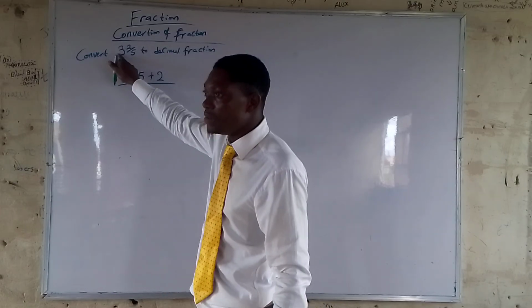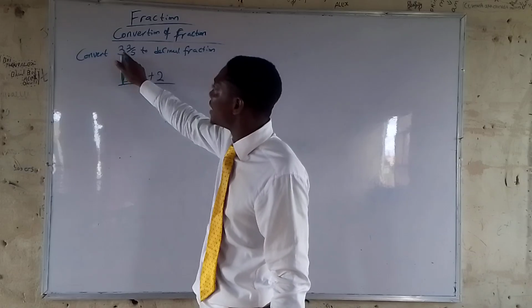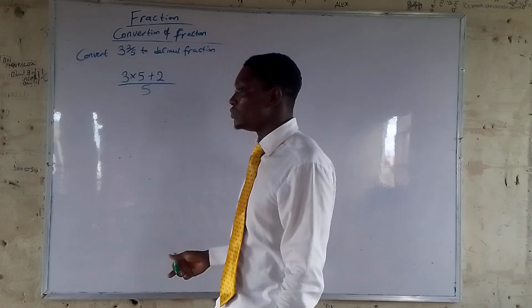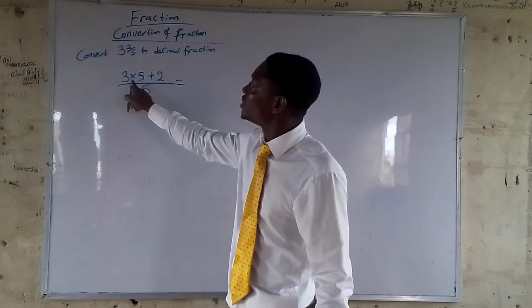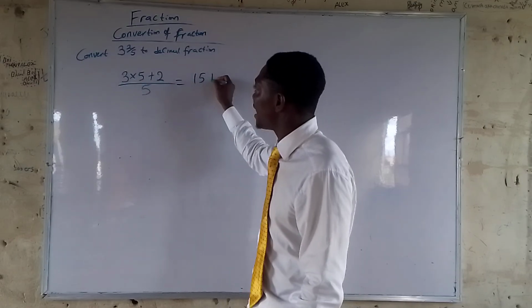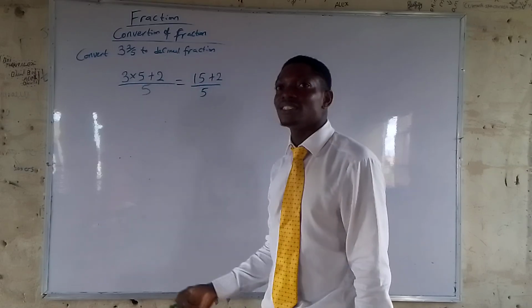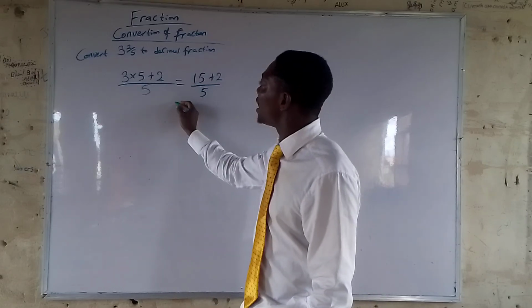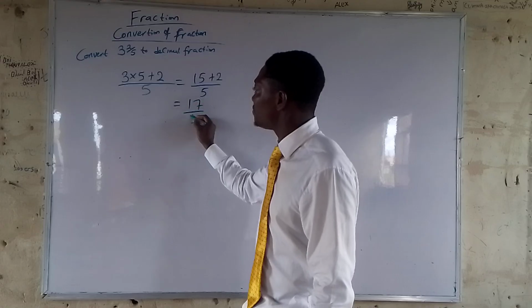The whole number 3, multiply by the denominator 5, and add the numerator 2 to it. You have 3 times 5 is 15. Then add 2 to it and divide it by 5. If you add 15 and 2 together, you get 17 over 5.